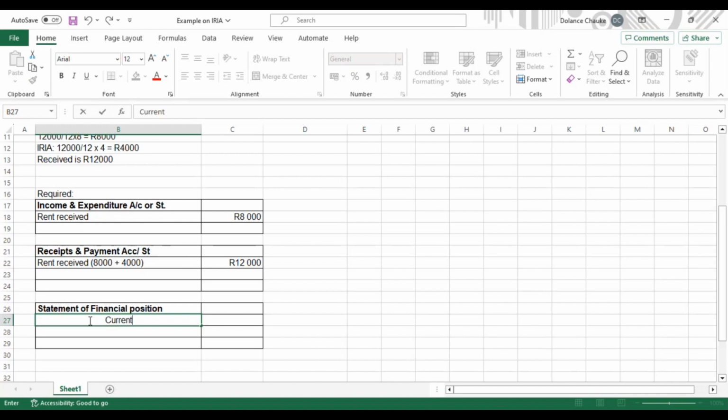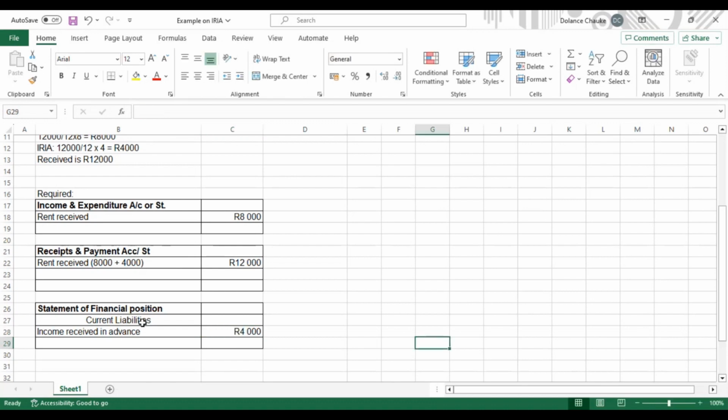Under current liabilities, you say income received in advance of 4,000.